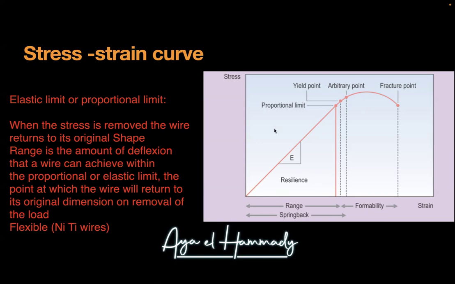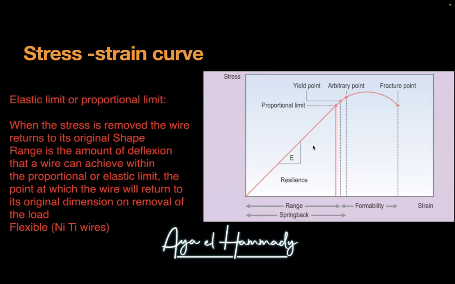So in this part, all of this is called the elastic limit or proportional limit. What is this? It means when I give the body an amount of energy, it is stored, and then it will release the stored energy, coming back to its original shape.